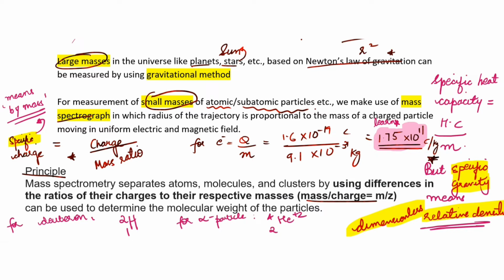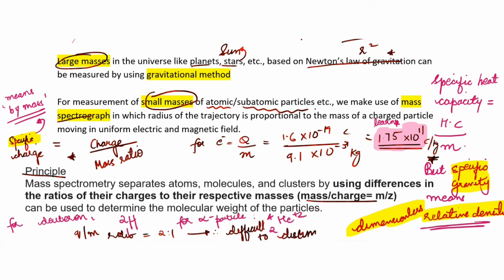So when we take Q by M, that is charge by mass ratio, for both we find that it is 2:1. Sorry, I have taken the reciprocal. Mass by charge is 2:1 and charge to mass is 1:2.